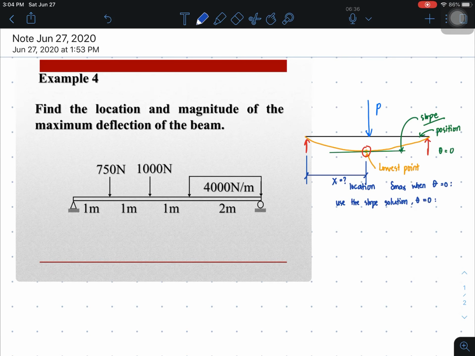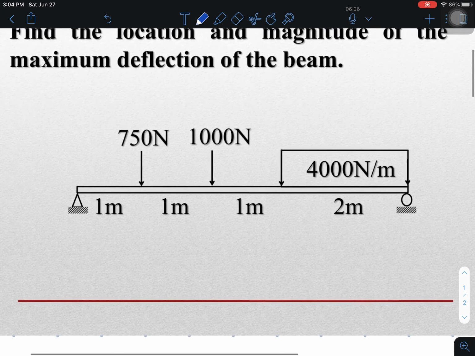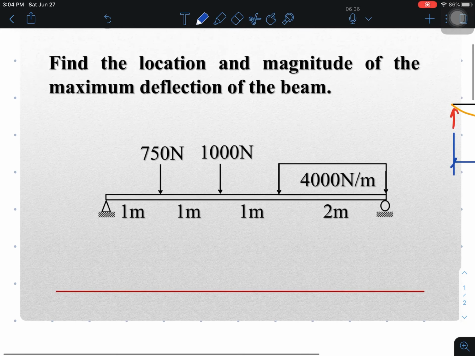Okay, so in this type of problem, ato na lang i-draw ang iyahang deflection, for example, and then let's say na diri dapita here na lang.